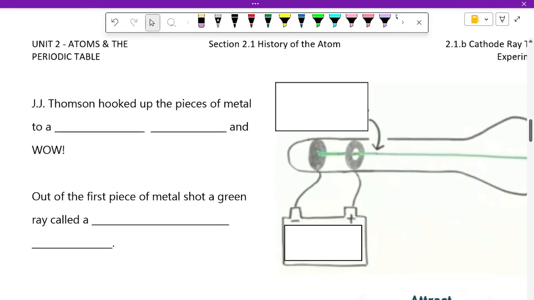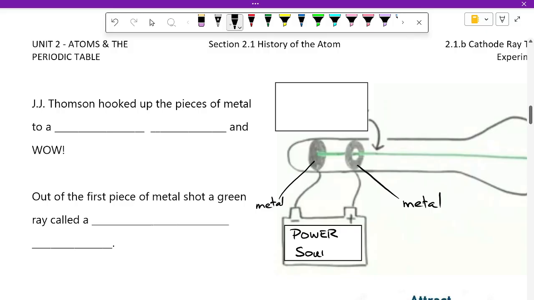So then he hooked up those pieces of metal to a power source.